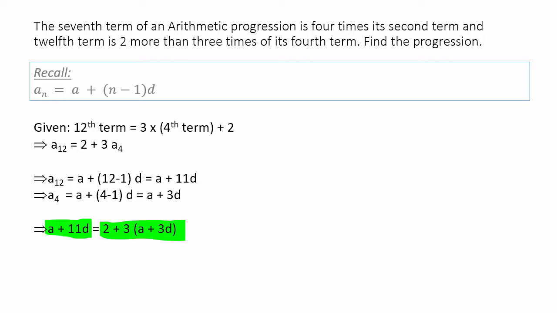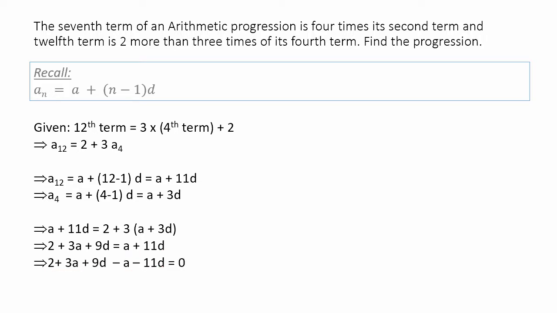Let's expand it the same way as before. Swapping LHS and RHS, we get 2 plus 3a plus 9d on one side; 3 times a is 3a, 3 times 3d is 9d, and the other side is a plus 11d. Bringing everything to the left hand side, we get 2 plus 3a plus 9d minus a minus 11d equals 0.